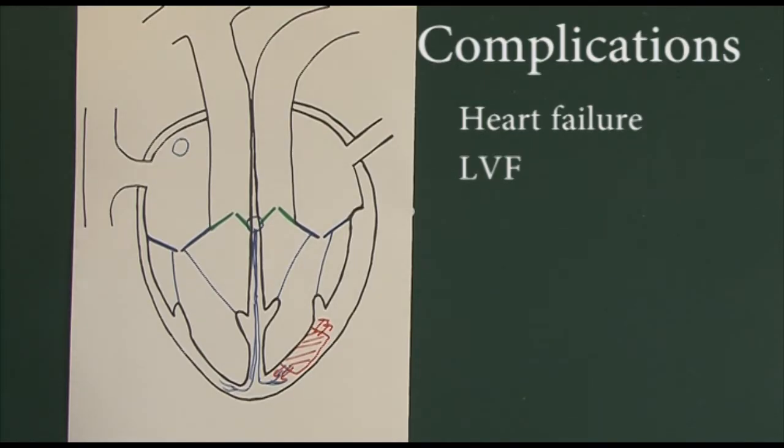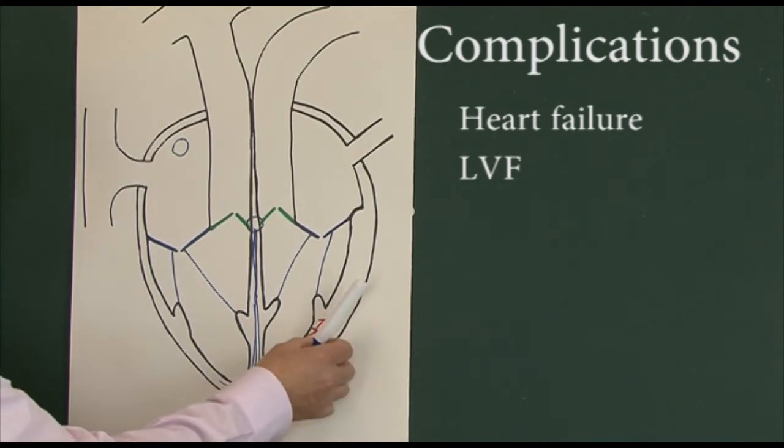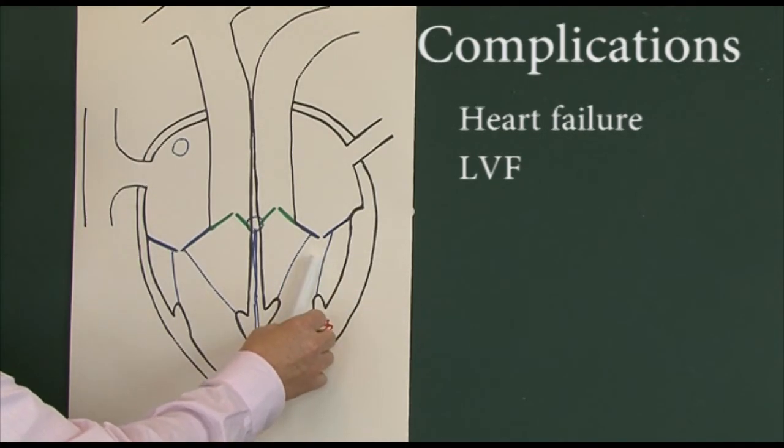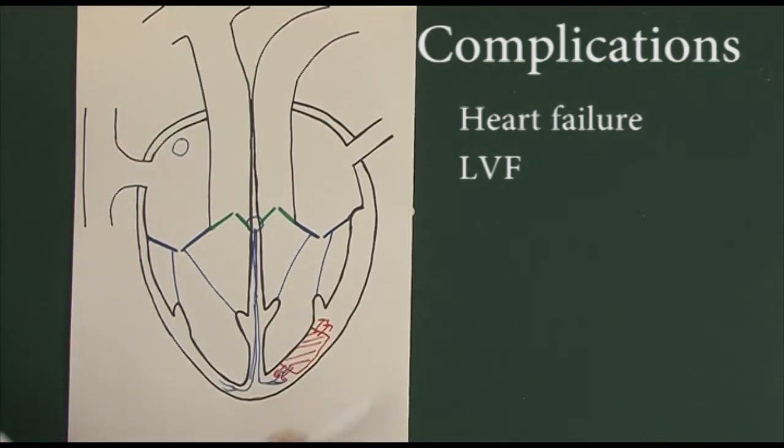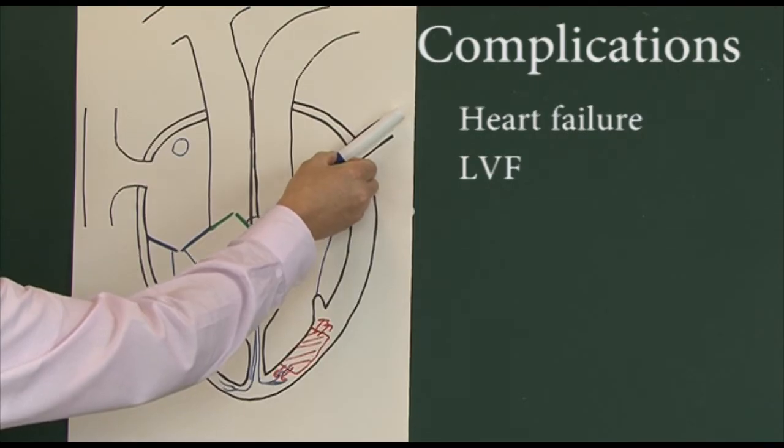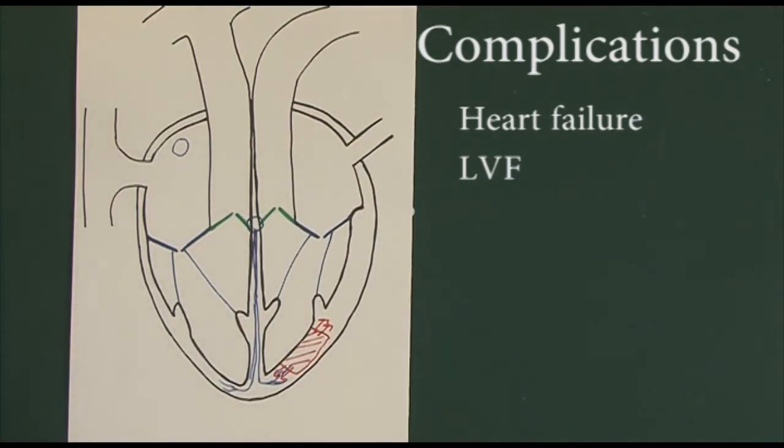So in left ventricular failure, we have one pathology, but two main manifestations. One is the heart failure with the reduced cardiac output, and the other is the backlog of blood leading to pulmonary edema. So that's one manifestation of heart failure. Now, heart failure can be more severe than that.